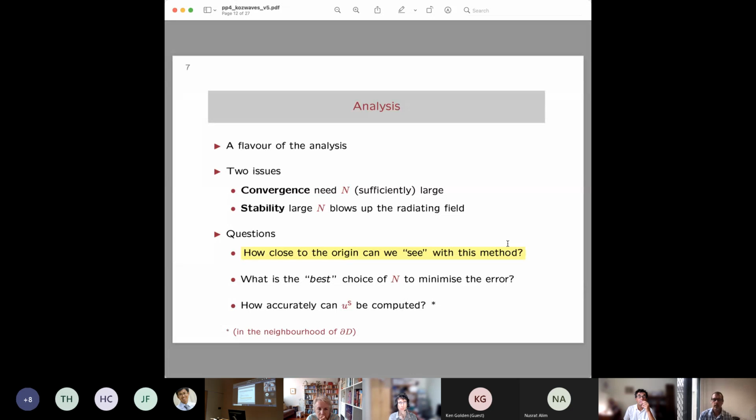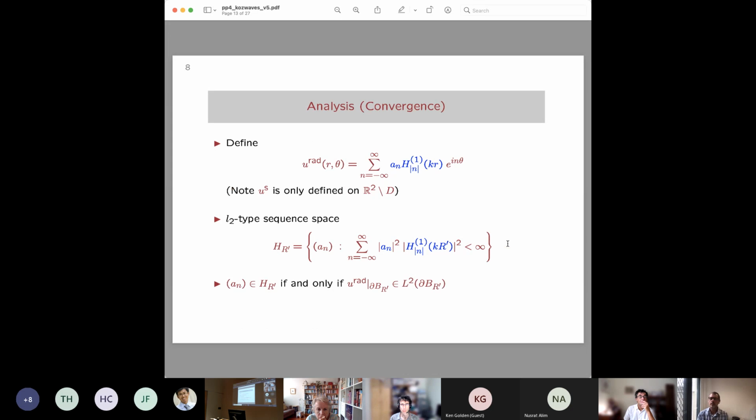Then in doing that, what is the best choice of the truncation parameter N to minimize the error in our reconstructed scattered field? And then when we choose the best N, how accurate actually is our reconstructed scattered field? So these are the 3 questions that I'm going to address with the analysis. So let's look at the convergence part first.